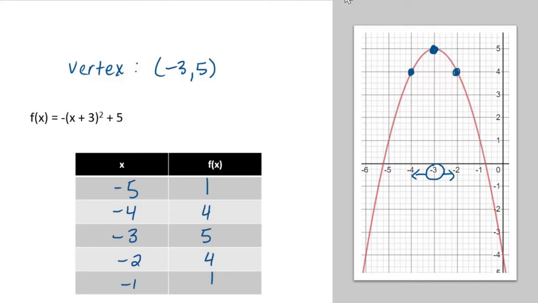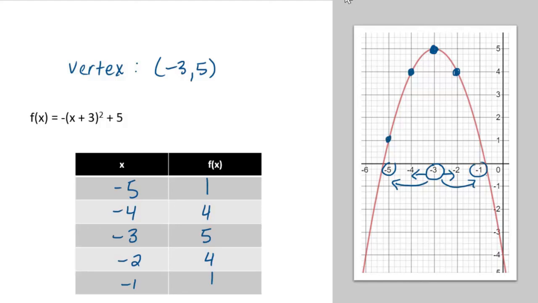Now just to get a clearer picture of the parabola before I sketch it in, I checked for 2 more points. I looked at 2 points to the left of the vertex, or -5, and 2 points to the right of the vertex, or -1. The corresponding y values for x values of -5 and -1 were positive 1.